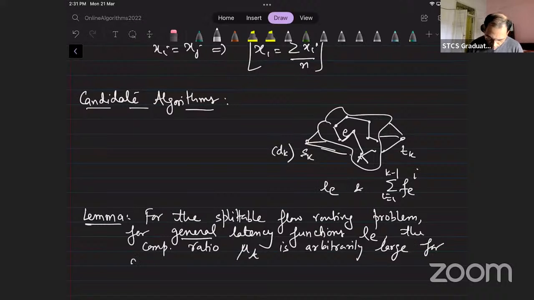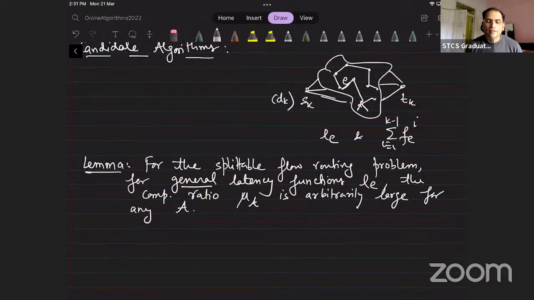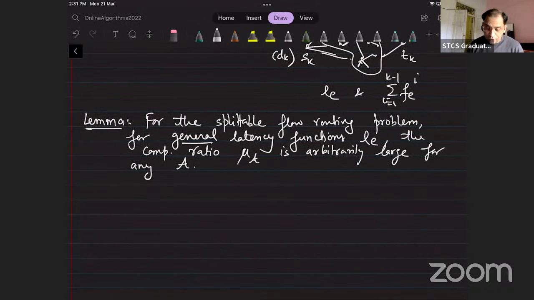So if the latency functions are arbitrary, only satisfying properties like being non-decreasing, you can't hope to find an algorithm which is reasonable. And it's not very difficult to show this. We'll actually show this in the homework.